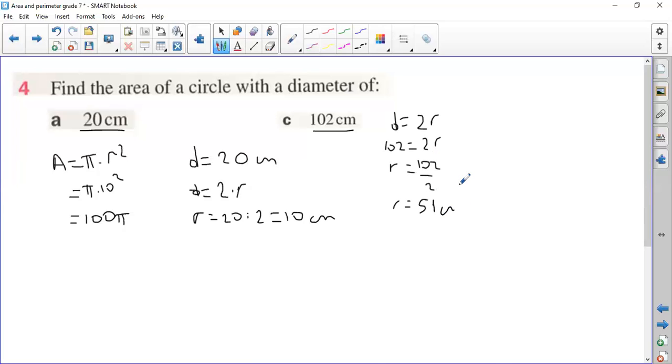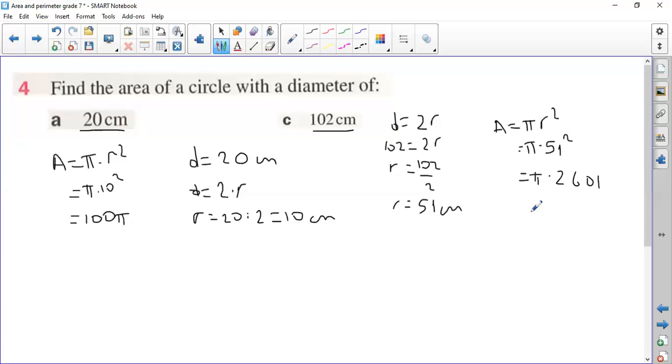Now we can find the area. Area is equal to pi r squared, okay, which is equal to pi times 51 squared. Okay, what is 51 squared? It is 2601.